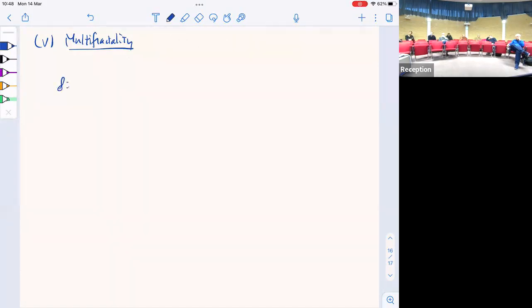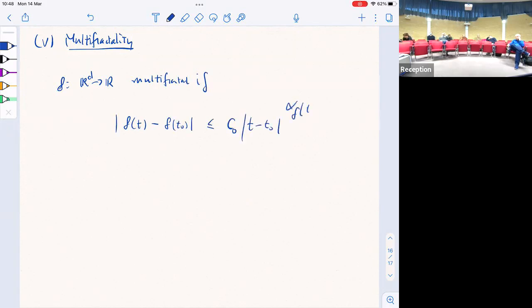I say a function R^d to R is multifractal if I observe a kind of Holder condition, but every time I change the base point t0, I'm going to observe a different Holder exponent. Holder exponent is the largest alpha we can put in here for a fixed time.